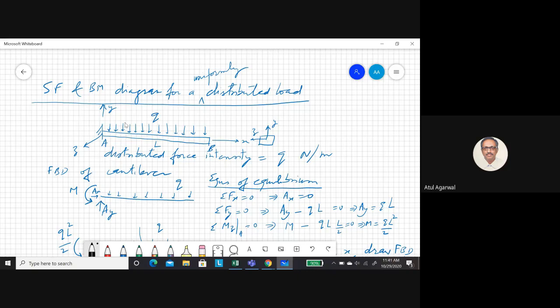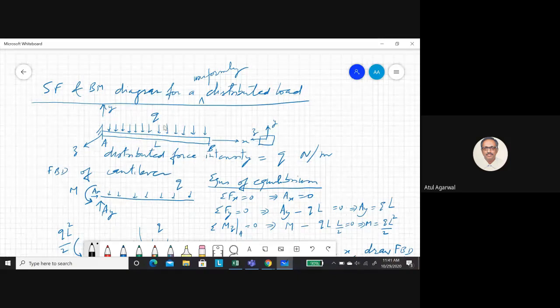Now if you draw the free body diagram of this cantilever, since this is a fixed end, there are forces in the x and y directions, and there is a moment. Sum of forces in the x direction is 0. There is only one force in the x direction, Ax, so that will be 0. Sum of forces in the y direction is 0.